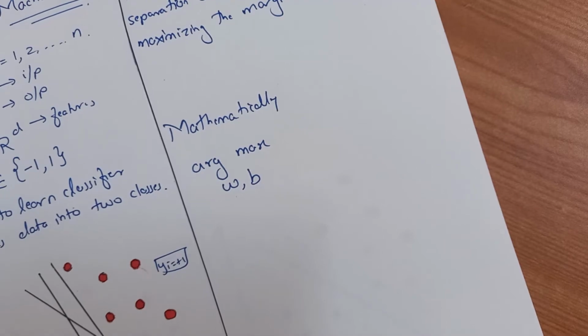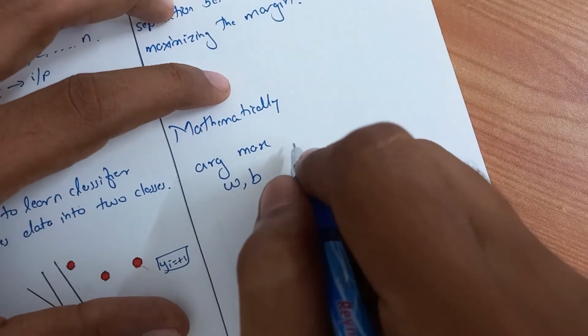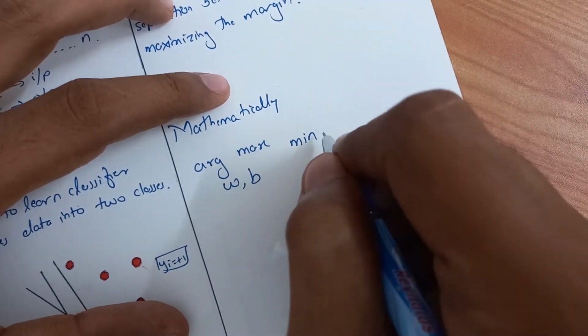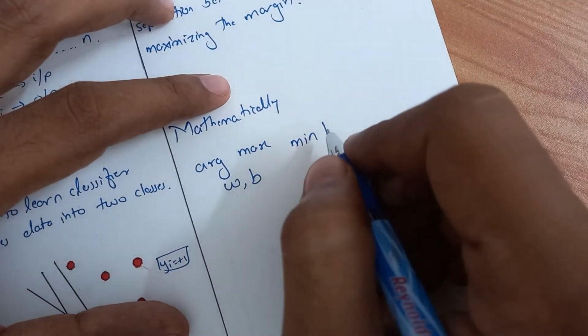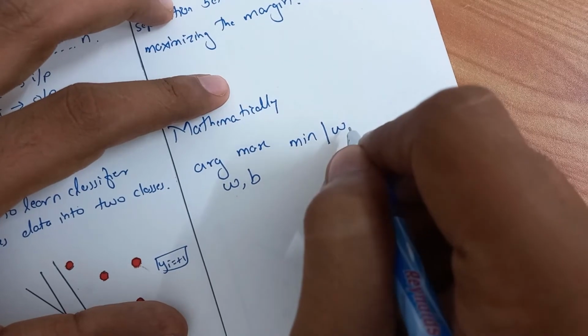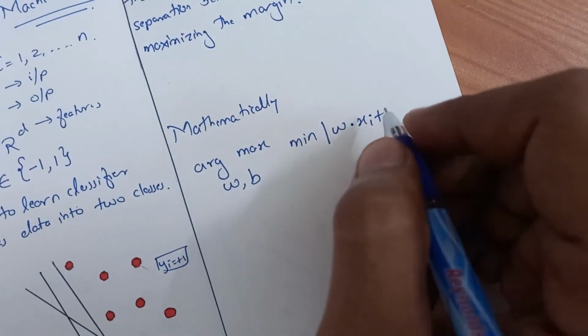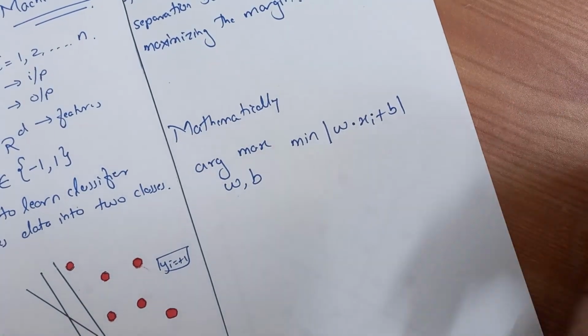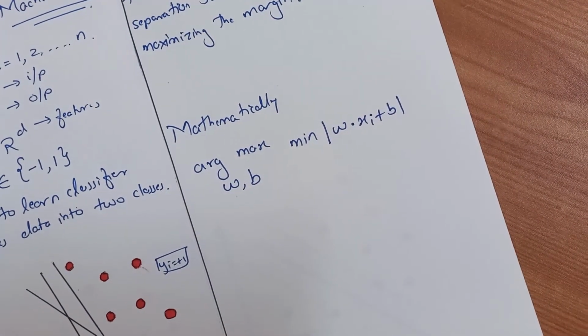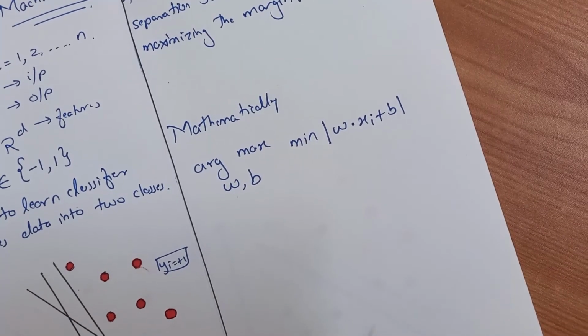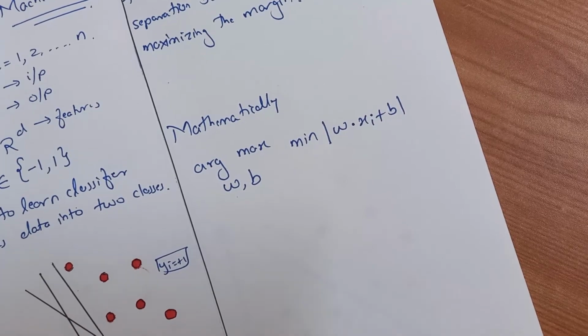Okay, so that the distance of every point should get minimized, something denoted like this, W into xi plus B. Something like this. Now what is this? When I say W dot xi plus B, this is the distance of every particular point.